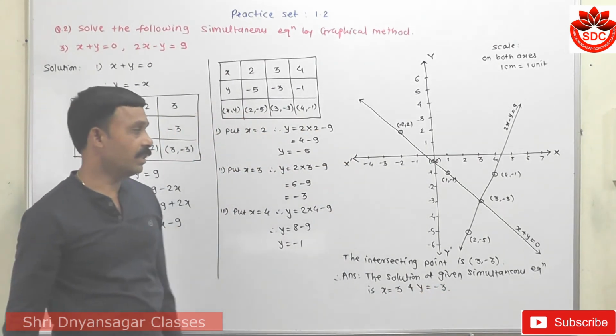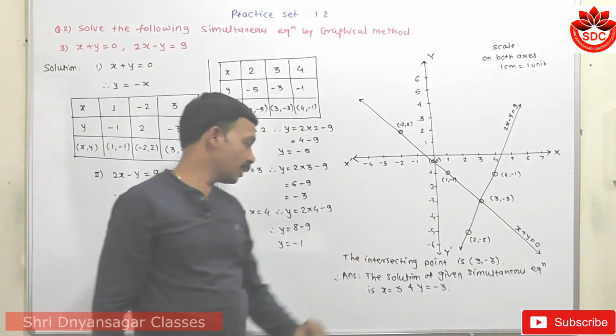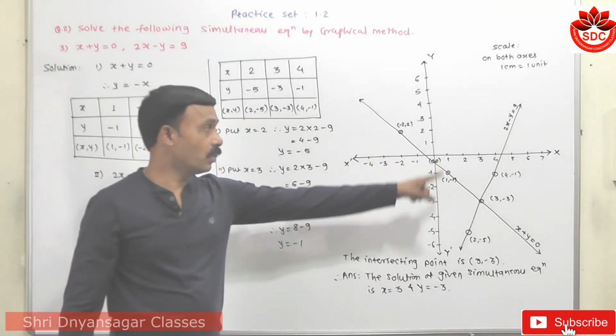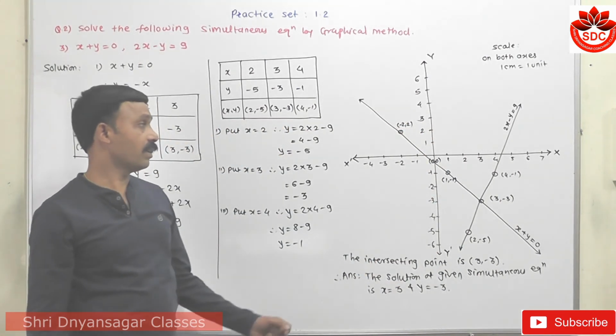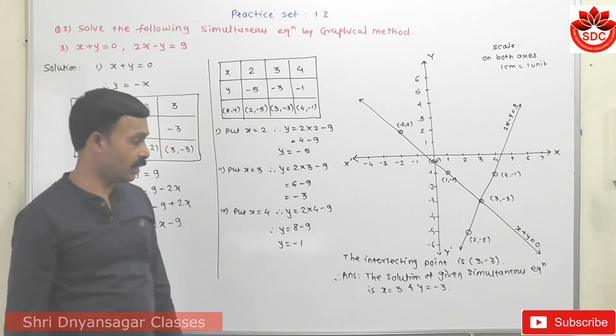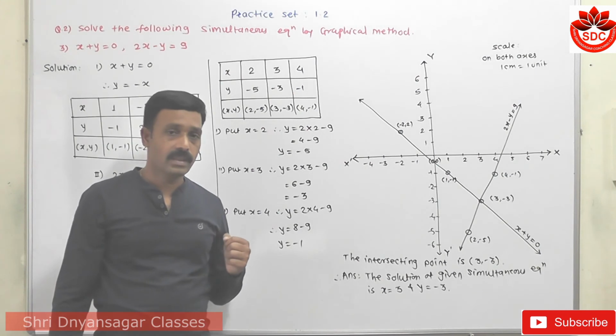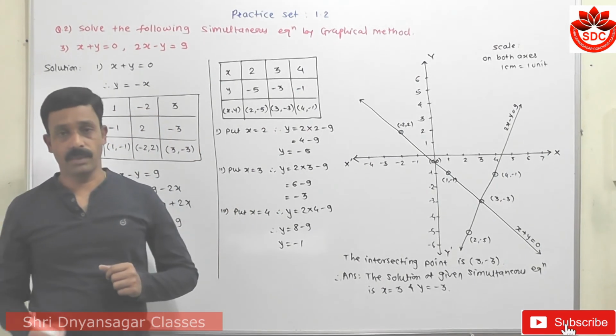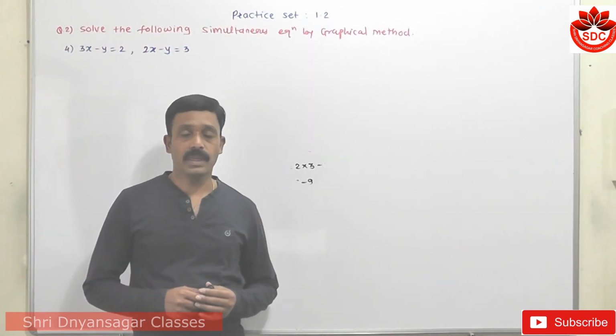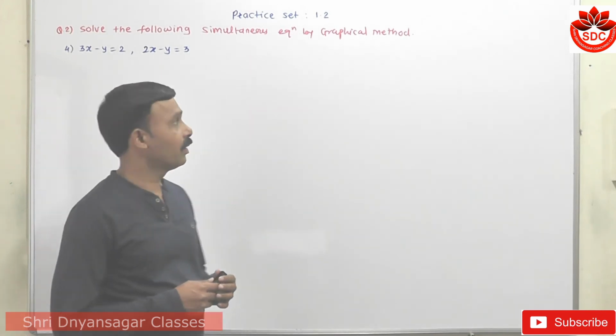Minus 3. It means this is the point of intersection of the given two simultaneous lines. This is the answer of the given example. Student, can you understand this? This is a very, very important example. Okay, then take the next question.